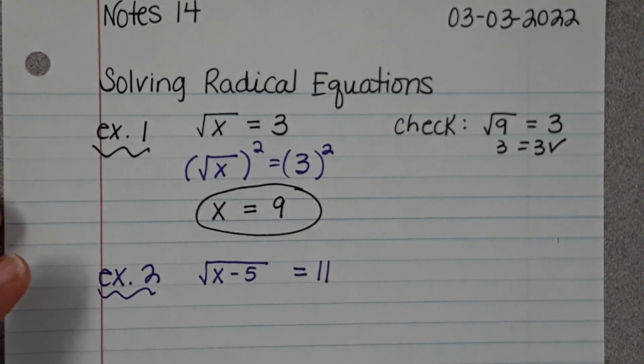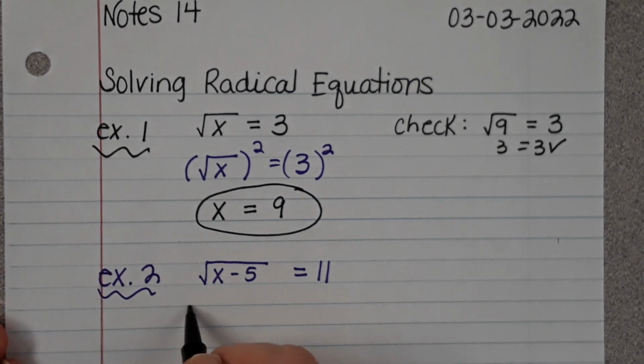Okay, so now we have the square root of x minus 5 equals 11. Again, you guys, please understand that when you square something, it only undoes the square root. You're not squaring the quantity underneath it. It's just taking the square root away.